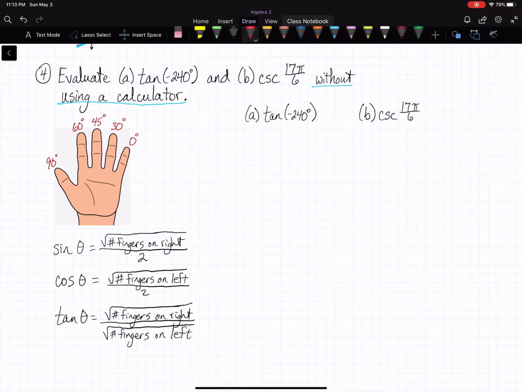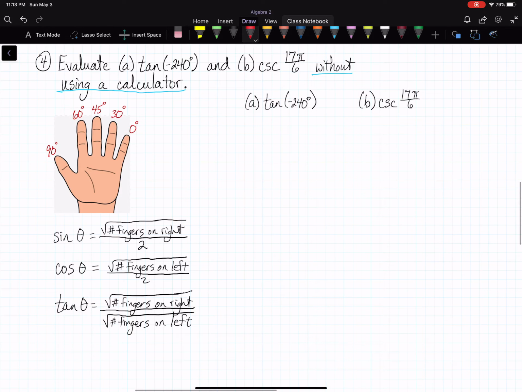Okay? So, before I explain to you the hand, and it's the left hand, you're going to use your left hand to help you do these problems, okay? So, for sine, I'm going to do an example. Let's say we were doing 45 degrees. That's the middle finger. Basically, all you do is you take the number of fingers to the right. How many fingers are over here to the right? 1, 2.